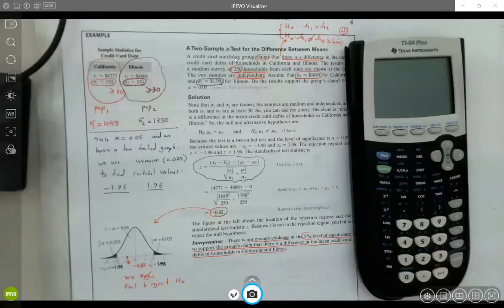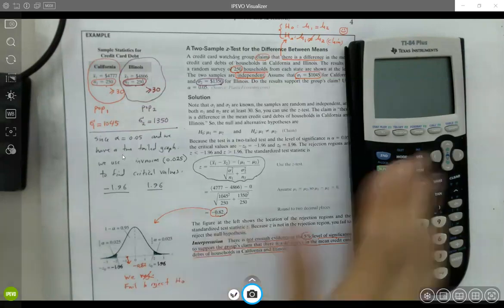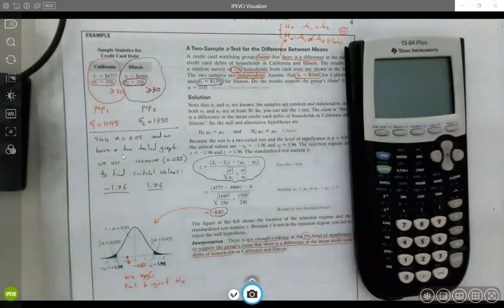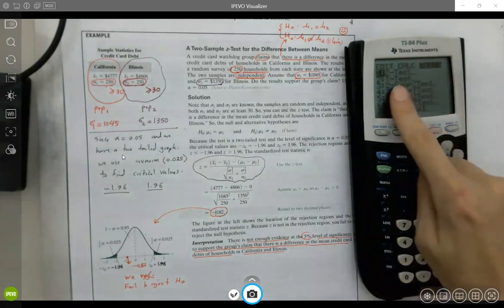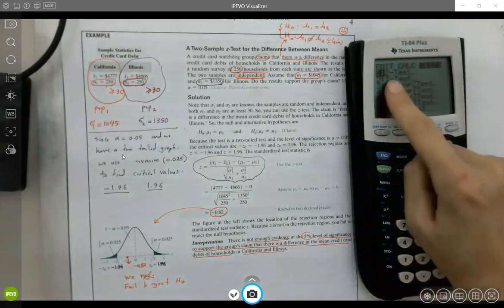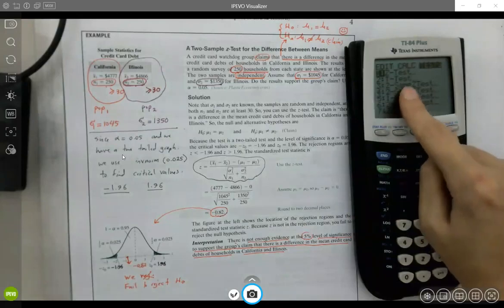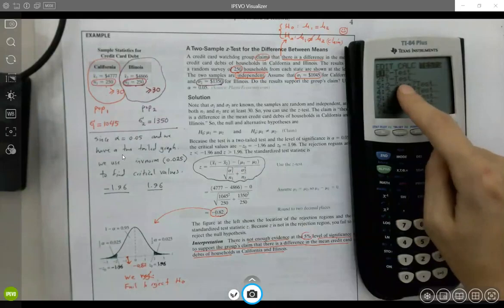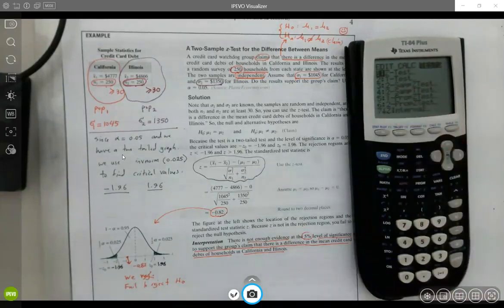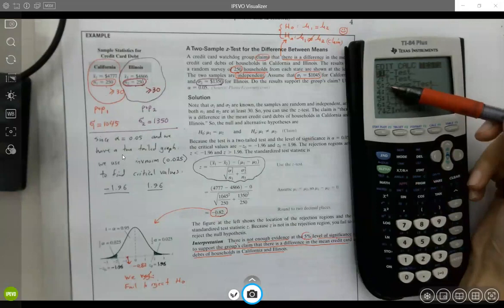So let us use our calculator to find the values that we need. Turn on your calculator, go to stat, go to tests. The first one is z-test, the second one is t-test, but we're not using one sample. We have to look for two.